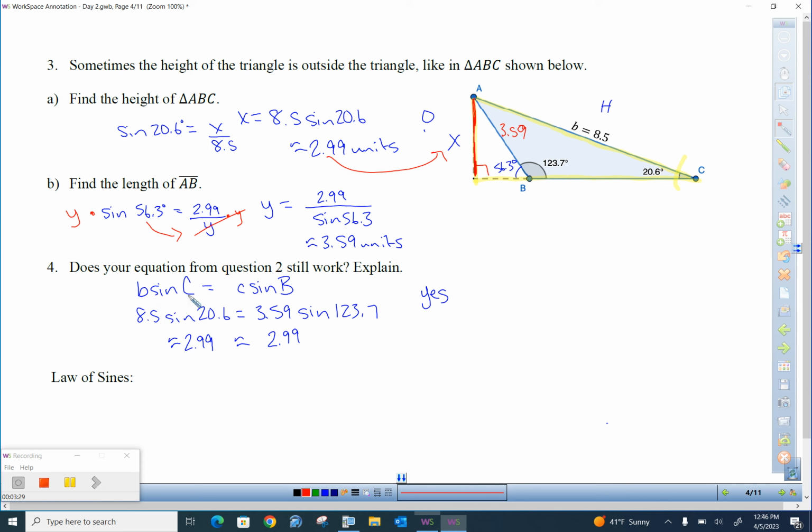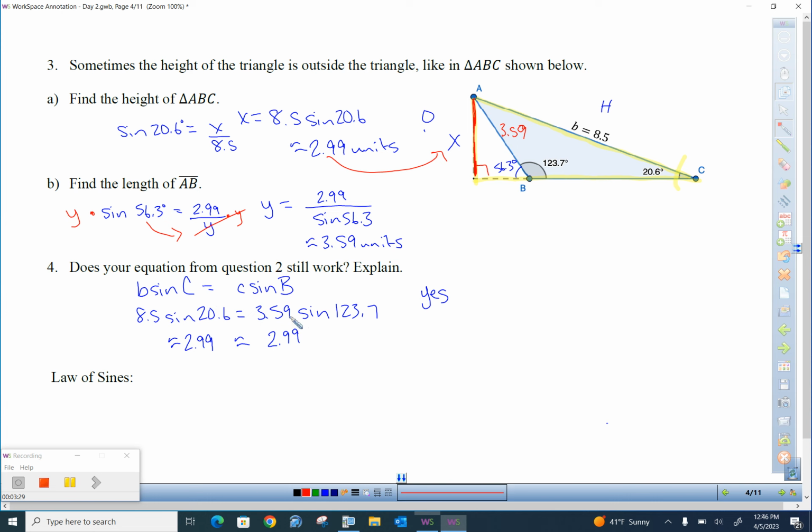Again, these letters are from the triangle that was shaded, not from this height that wasn't part of the triangle. These are imaginary pieces so that we can visualize that perpendicular value, the altitude. So from there, B is literally this 8.5. Sine C, C is the angle C, 20.6.